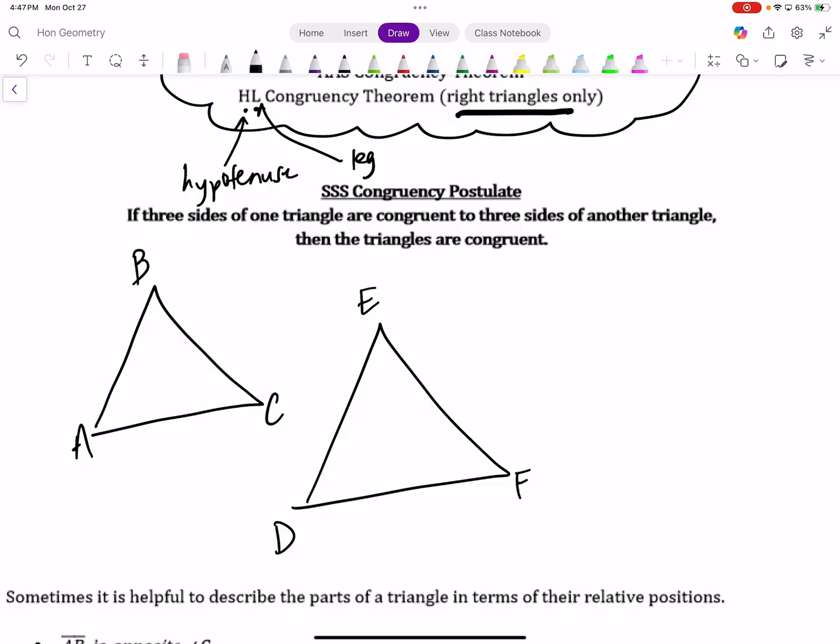All right, and I tell you, this side length is the same as this length. You might even have numbers, but you don't have to. It's just got to be, oh, these sides are congruent. These sides are congruent. And these sides are congruent. There is no way around those 2 triangles being congruent to one another.